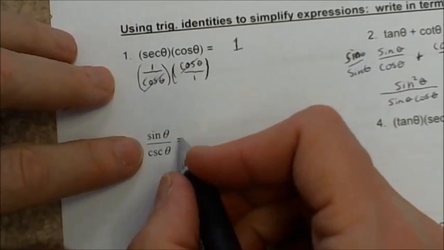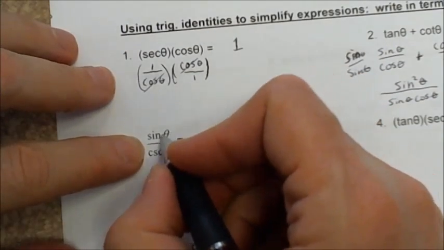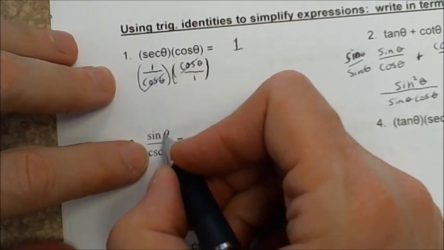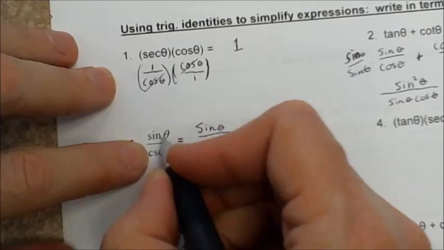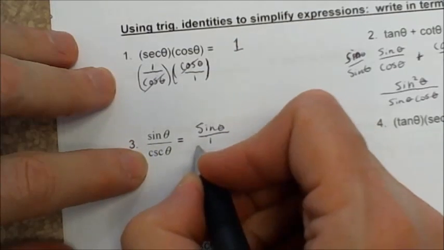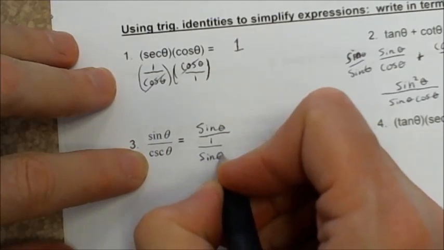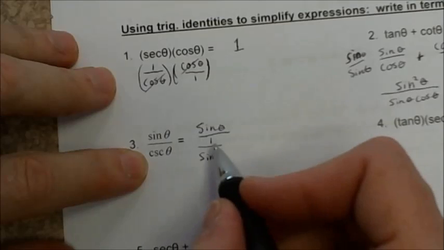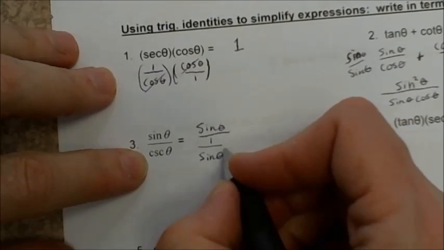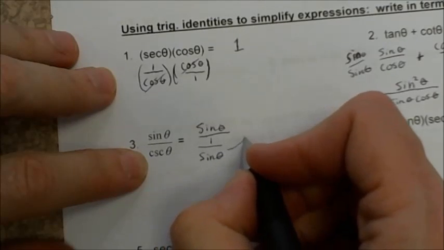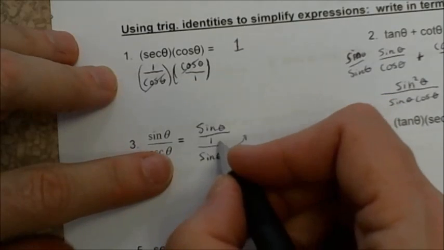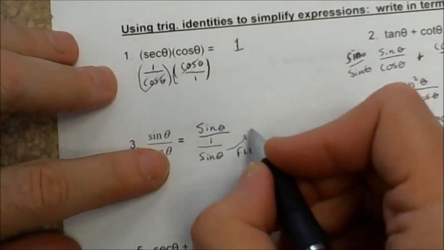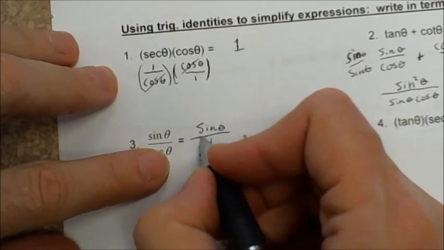The next one is a fraction. So anytime you have a fraction like this, you can just rewrite this as sine of theta over cosecant, which is 1 over sine of theta. So what you can do is flip this upside down, because if you divide by a fraction, all it is is multiplying by the reciprocal.